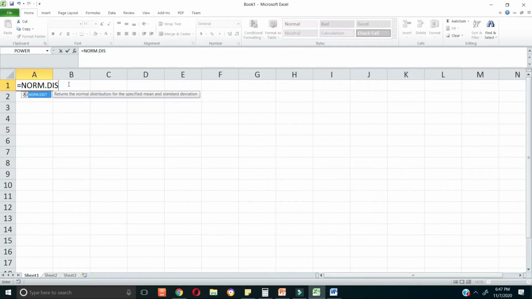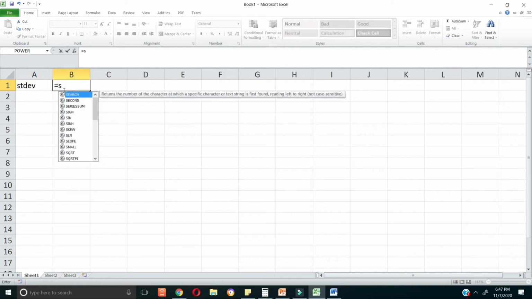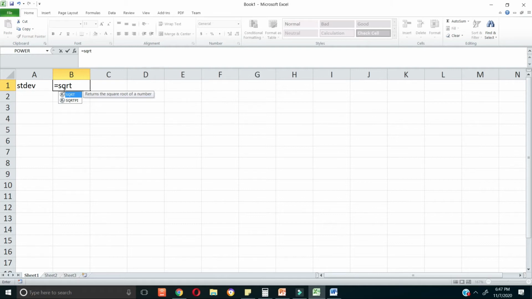So first of all, let's get our standard deviation. This is going to be the square root of p times 1 minus p, all over n.